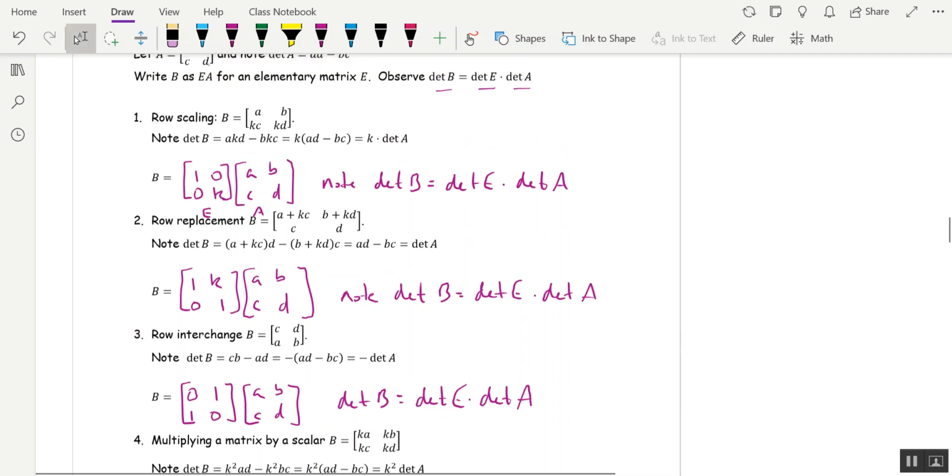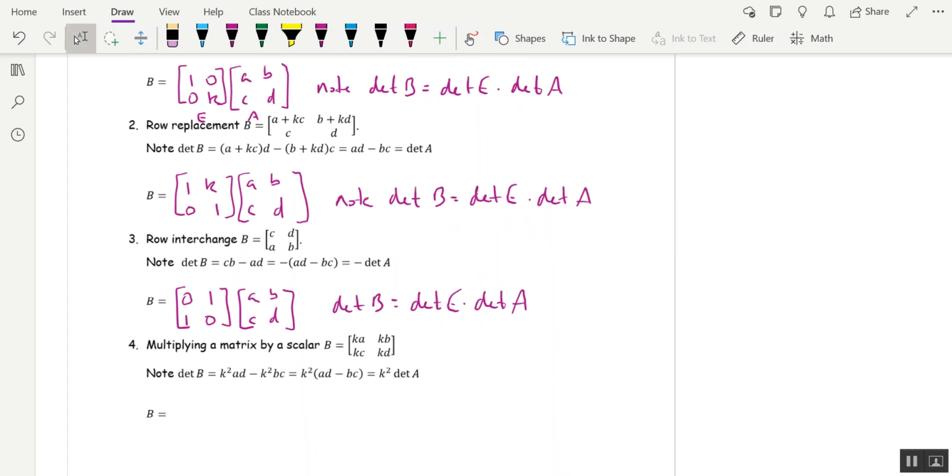Now, here's one that's slightly different. Suppose we don't want to multiply just a row of a matrix by k. We want to multiply the whole matrix by k, so all the rows. In this case, there's 2 rows. I can't do that with a single elementary matrix. So first of all, what is the resulting determinant? Well, if you do this computation, you get k squared times the determinant of A. You can't do it with a single elementary matrix because each row has to be scaled separately. So in this case, we'd have to scale row 1, which would be k, 0, 0, 1.